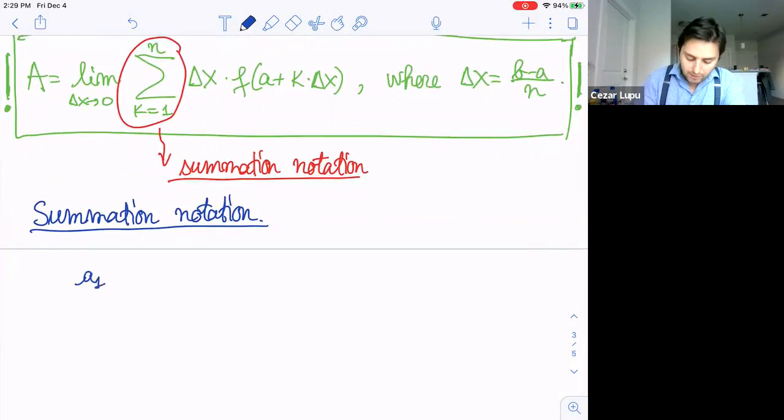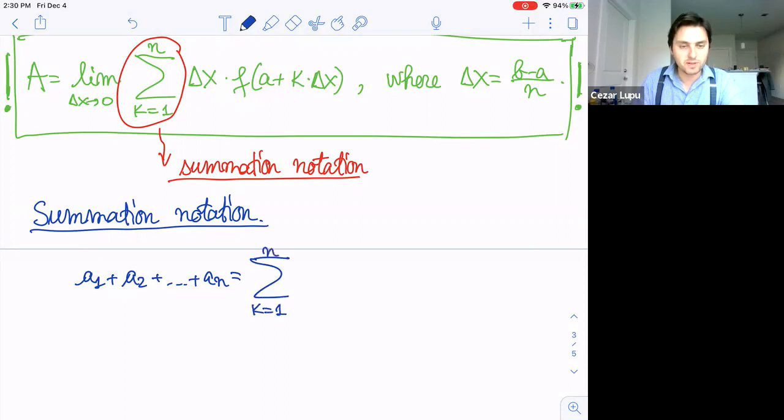When we add a1 plus a2 plus an, instead of writing all the time a1 plus a2 plus an, I can write this in a very concentrated form. I'm going to use this symbol, sigma. It comes from the Greek letter sigma, from k equals 1 to n of ak.